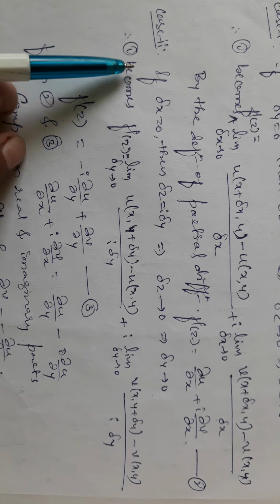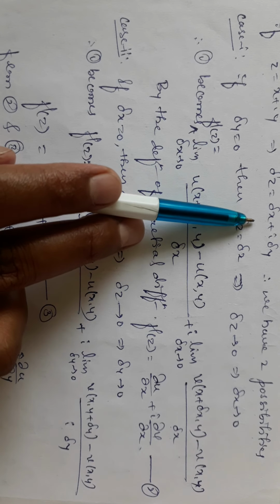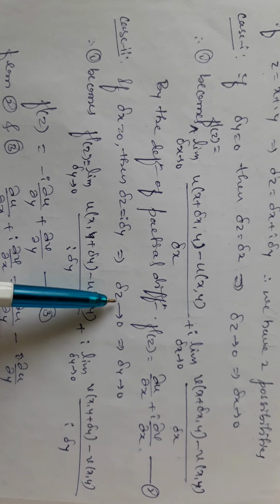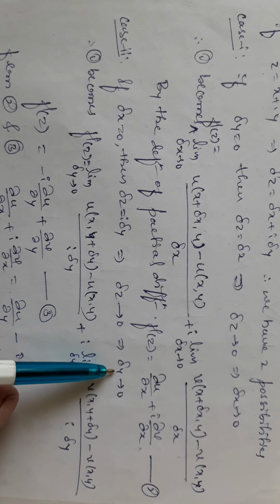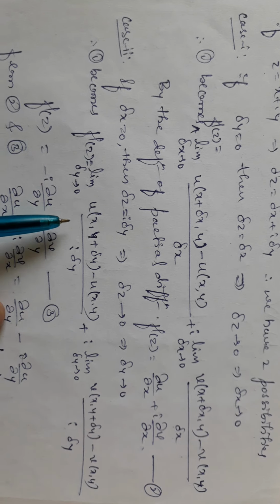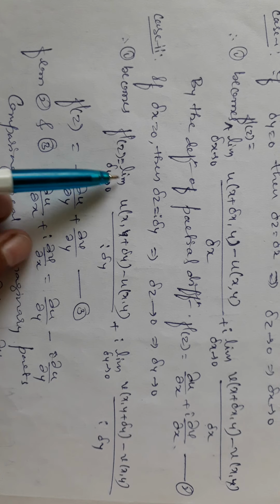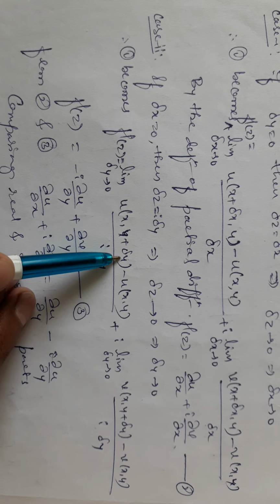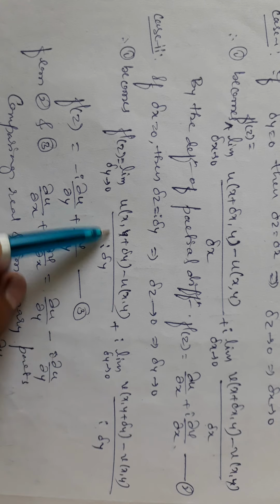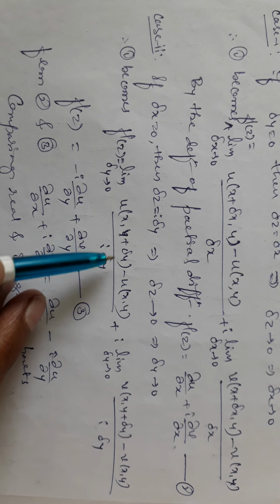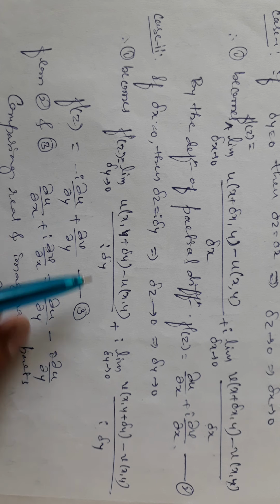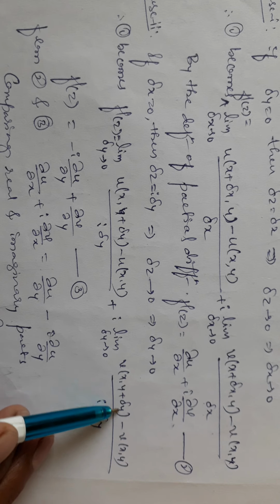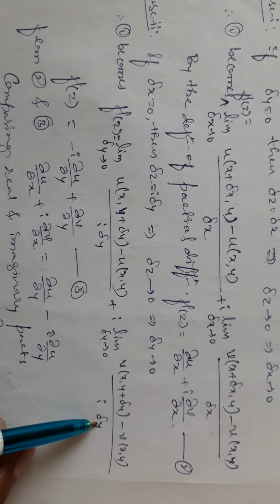And we can take the second condition. If delta x equal to 0, then delta z equal to i into delta y, which implies if delta z is 0, then delta y is 0. Then equation number 1 becomes f dash of z equal to limit delta y tending to 0, u of x comma y plus delta y minus u of x comma y divided by i into delta y, plus i into limit delta y tending to 0, v of x comma y plus delta y minus v of x comma y divided by i into delta y.